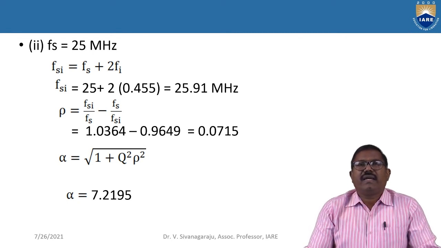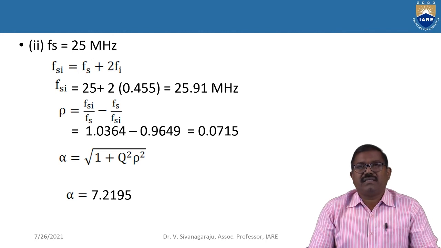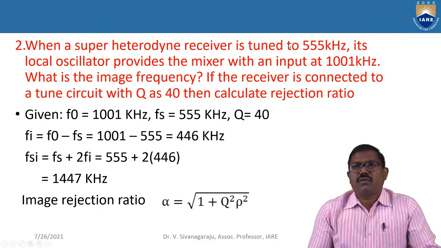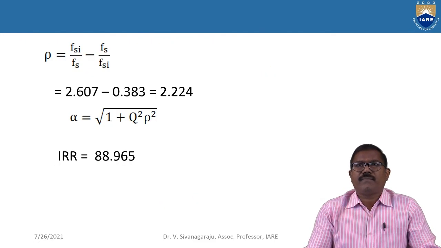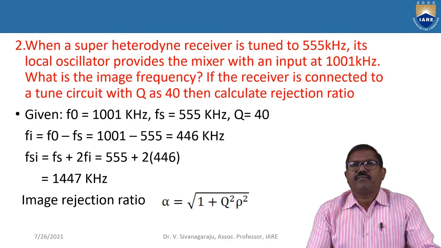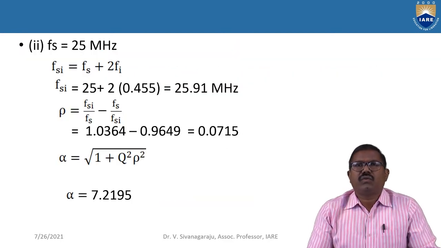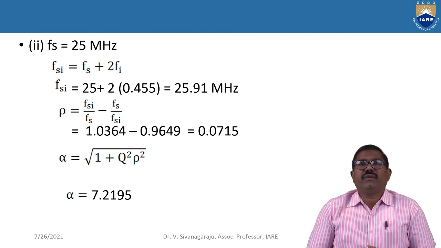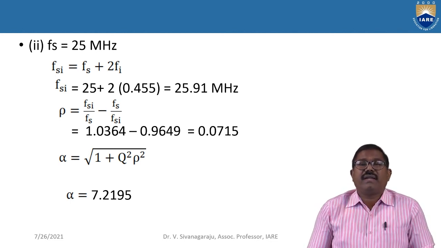Here Fs is in megahertz and Fi is 455 kilohertz, so we convert kilohertz into megahertz.